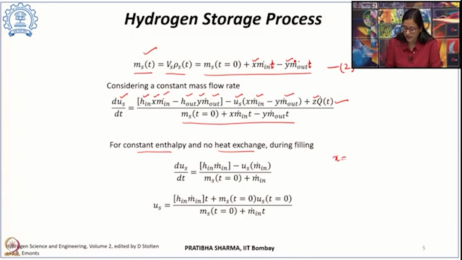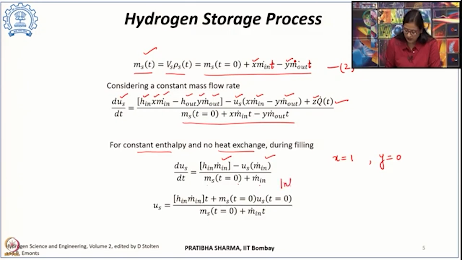So for filling x is equal to 1 and y is equal to 0, we can rewrite this expression as dus upon dt is h in m dot in minus us m dot in, divided by ms at t equal to 0 plus m dot in t.